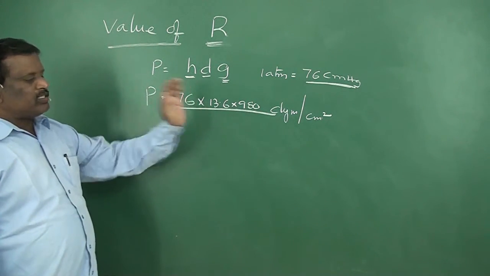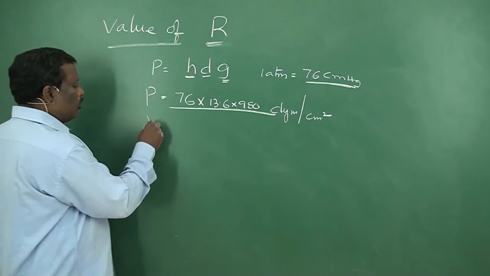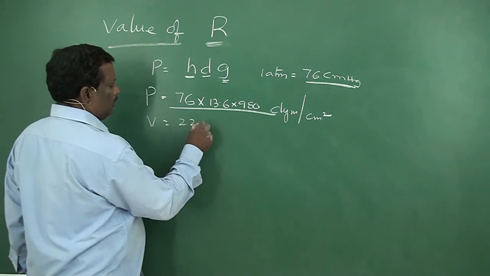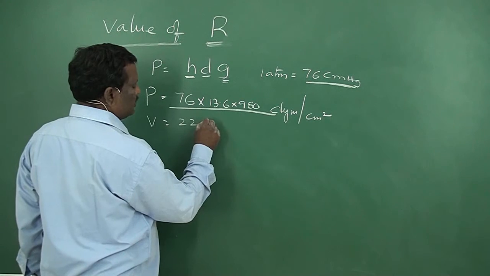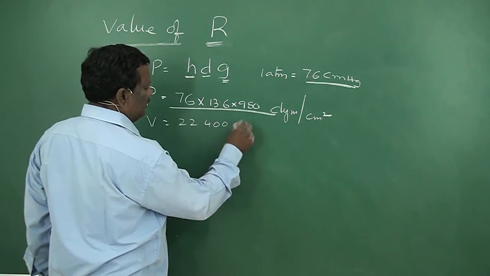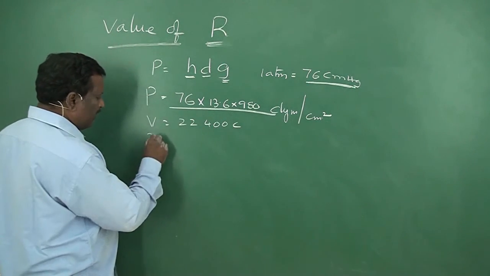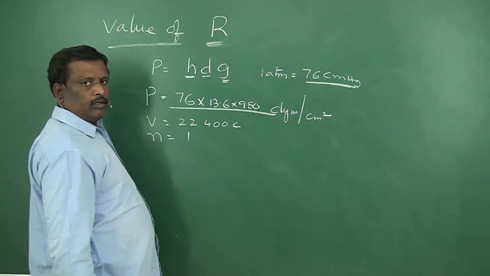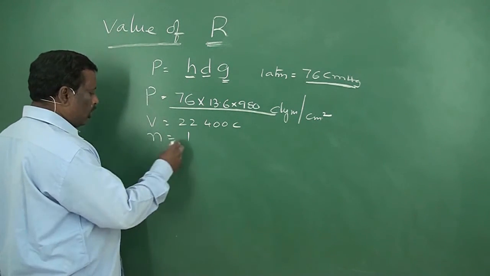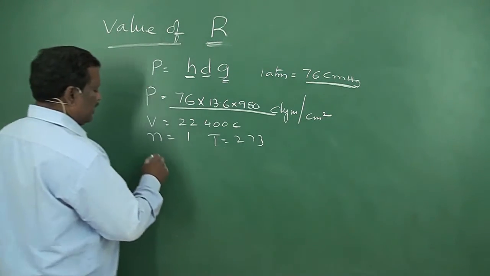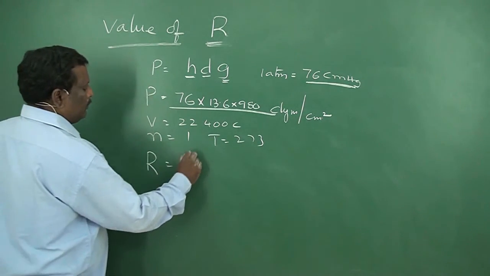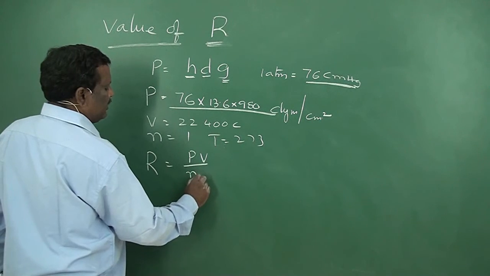If pressure is expressed in dynes and volume is expressed in cubic centimeters, 22,400 cc, then for 1 mole of gas n is equal to 1, T is equal to 273, and R is equal to PV by nT.